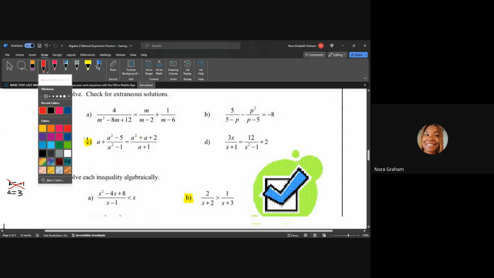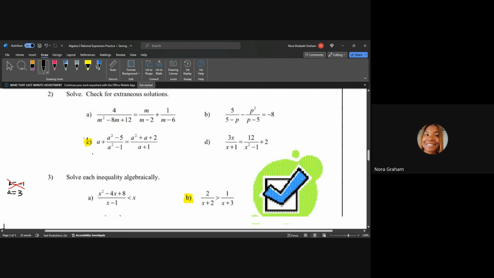And then let's use mental math to see if 3 is right. So then I have 3 plus 3 squared is 9. 9 minus 5 is 4. 3 squared is 9. 9 minus 1 is 8. Then equals 9 plus 9 is 18, 19, 20, over 8.